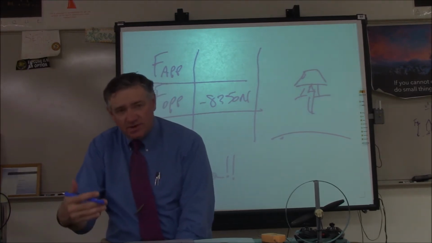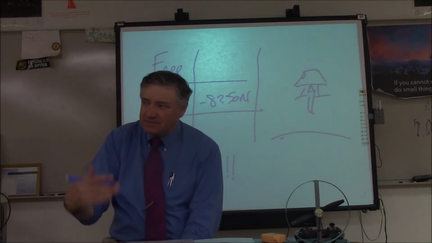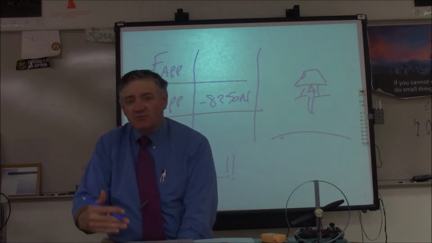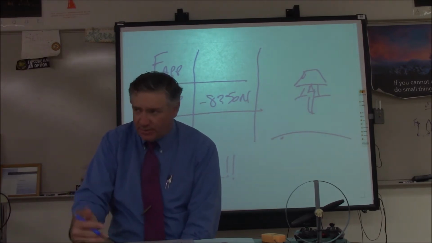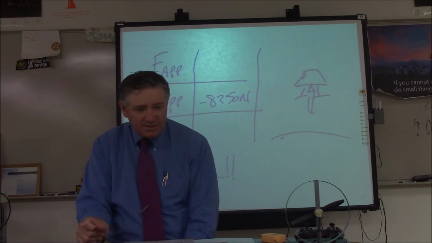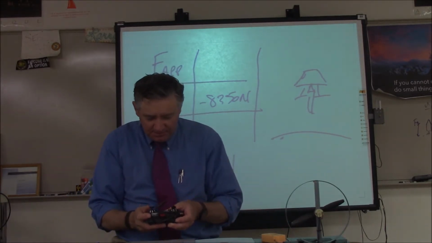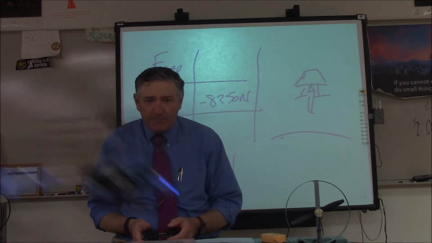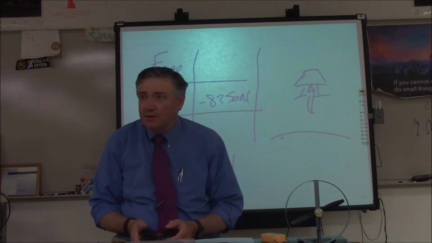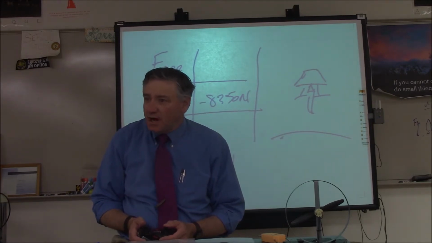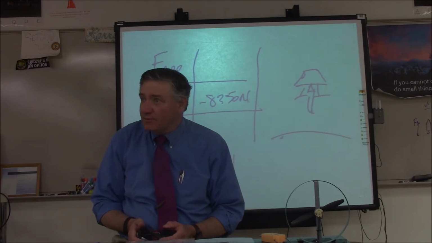So the only way you can have a positive acceleration is if you have a positive net force, which means that answer has to be bigger than the weight of the ship. So it's kind of like flying this helicopter, okay? So if I just want the helicopter to hover, right, then the upward force is just balancing out that weight of gravity. If I want it to accelerate upward, I've got to give it more force.